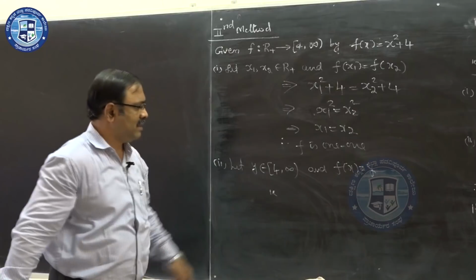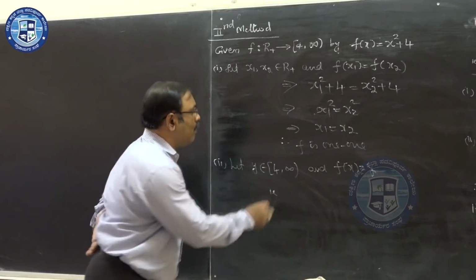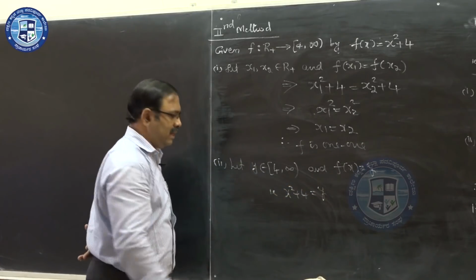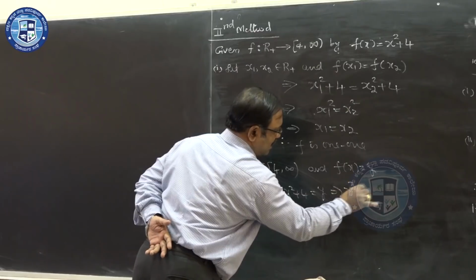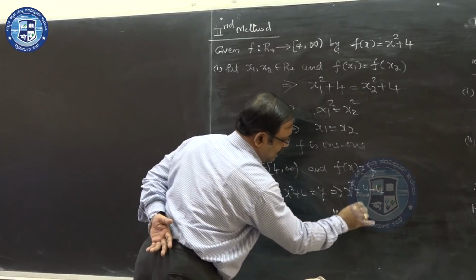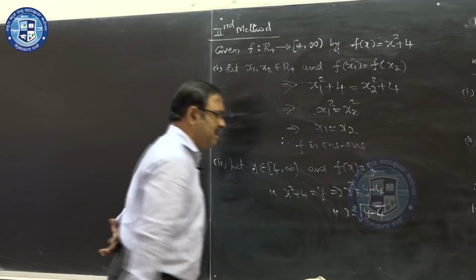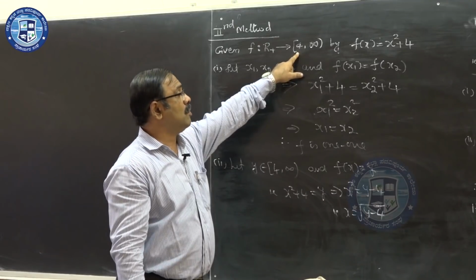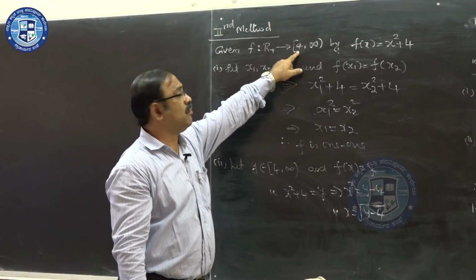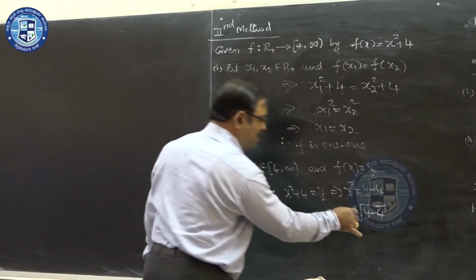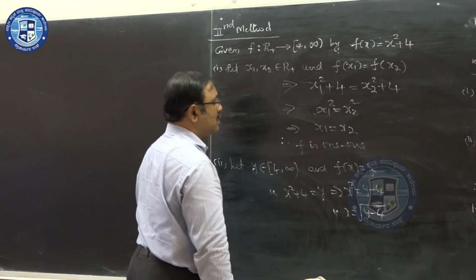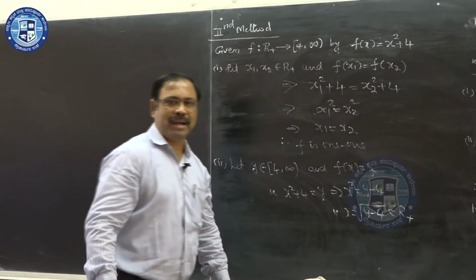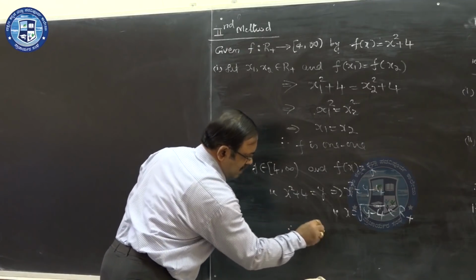Now, I write f of x is equal to y. What is f of x? Tell me. x squared plus 4 equal to y. This implies x squared is y minus 4. That is, x is root of y minus 4, and definitely y is greater than or equal to 4. It starts from 4 and goes greater than 4, so obviously y minus 4 is greater than or equal to 0. So x belongs to R plus. Therefore, f is onto.